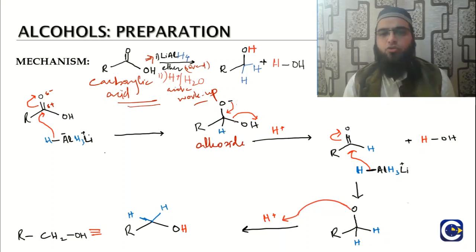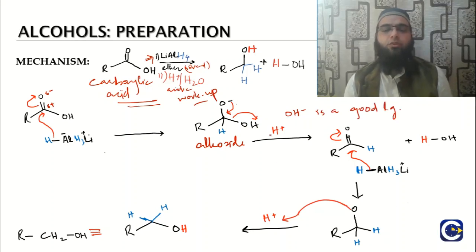But this alkoxide ion is unstable. For stability, the electron pair from the oxygen forms the pi bond between the carbon and oxygen, because we have a very good leaving group here. The hydroxyl group, OH negative, is a very good leaving group.